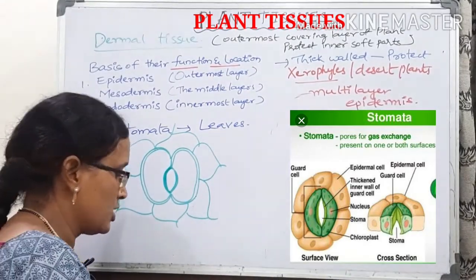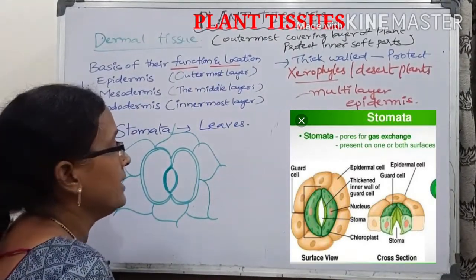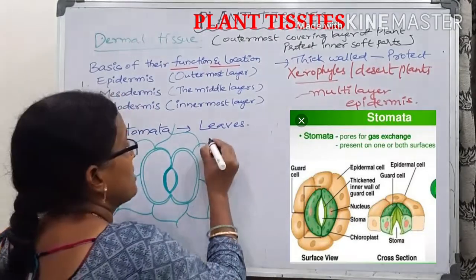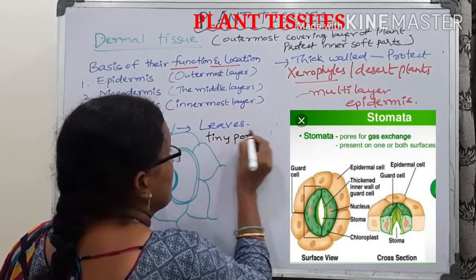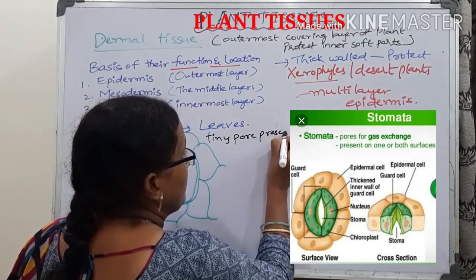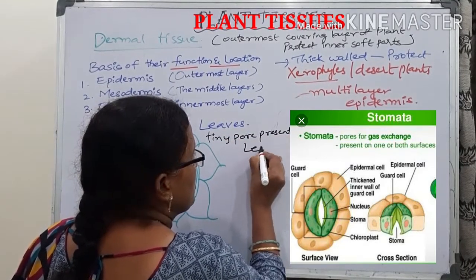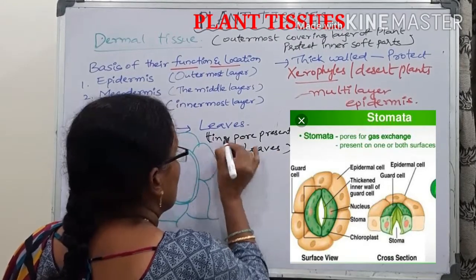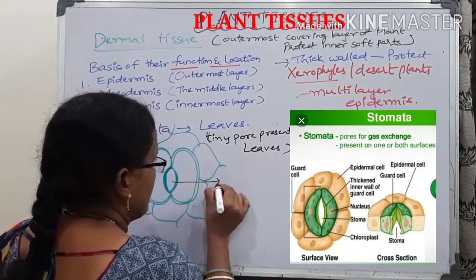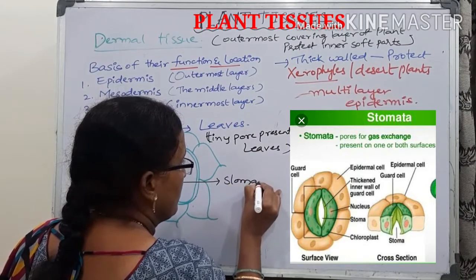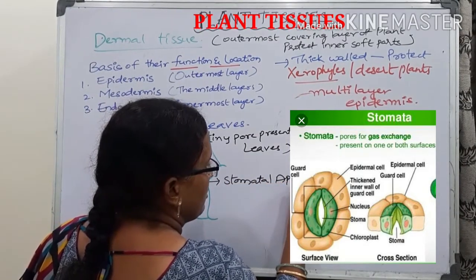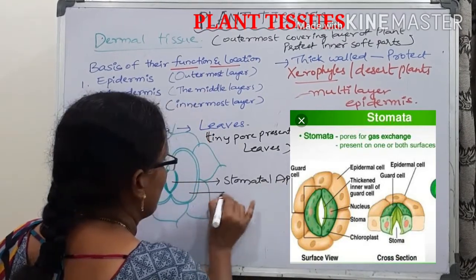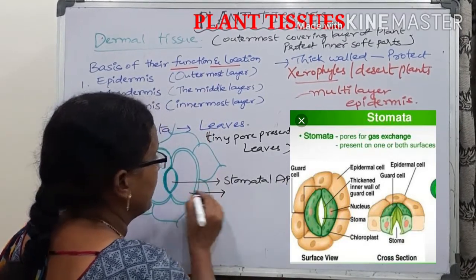This is the stomata, a tiny pore present in leaves. This is the stomatal aperture, the pore, and it is protected by two kidney shaped cells.